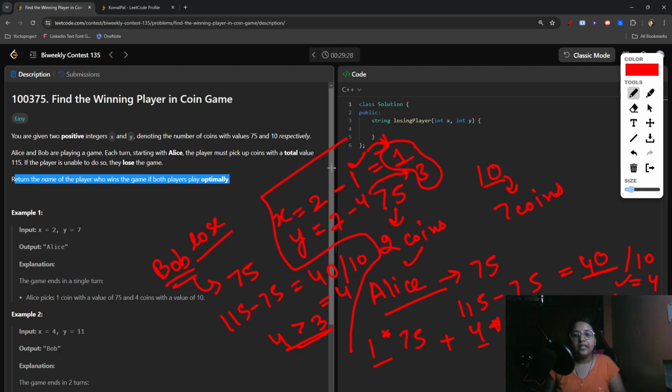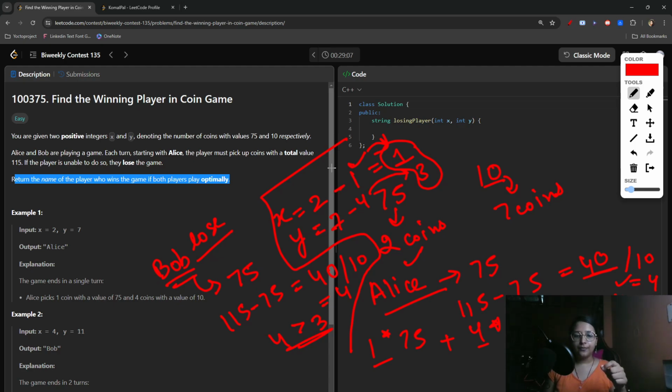So basically the thing is that we need to check one by one how many combinations are possible at each player's turn. If at that particular point the player is able to get 115 as the total value of the coins, then that player is good to go ahead.